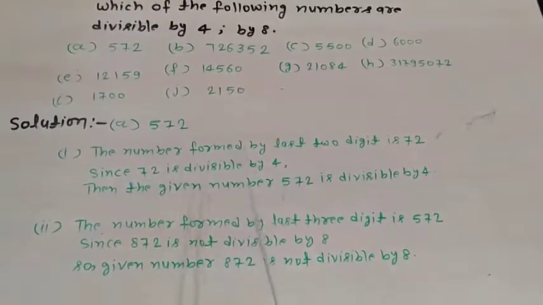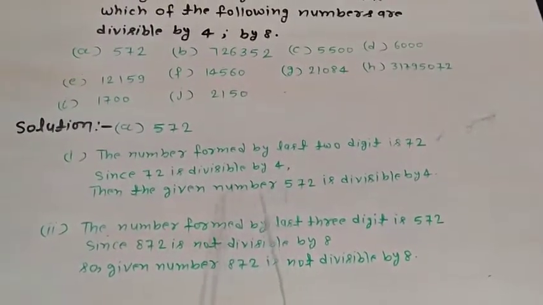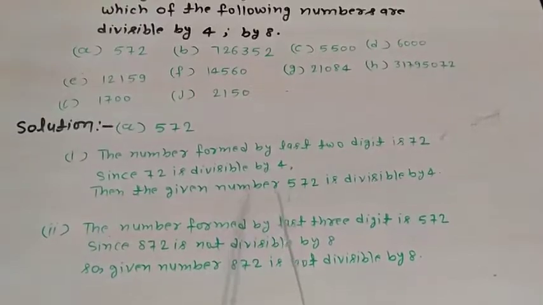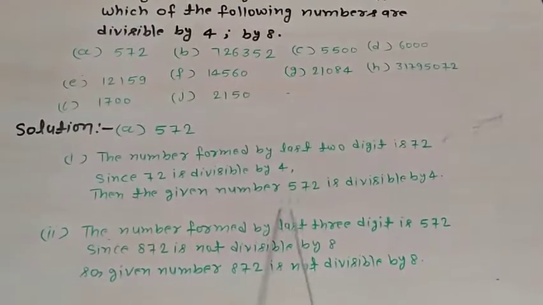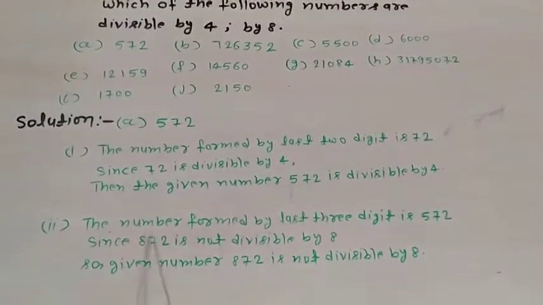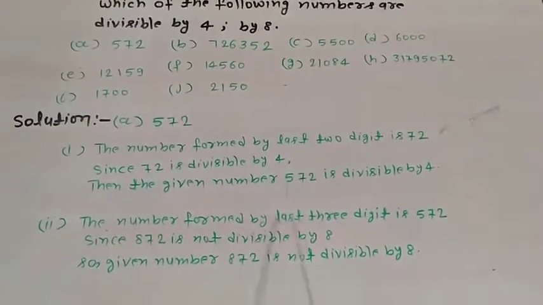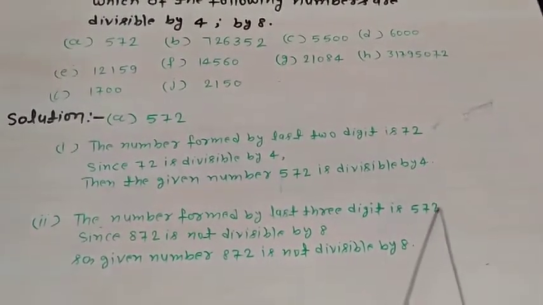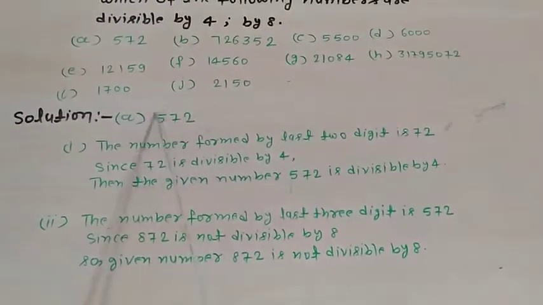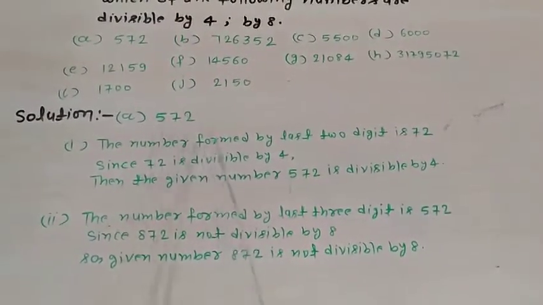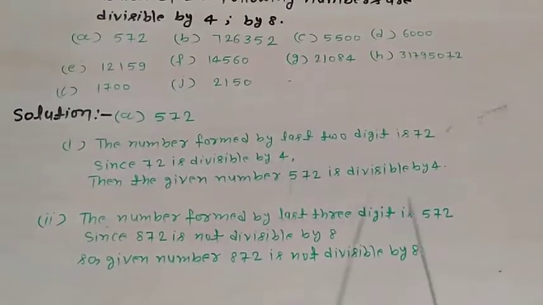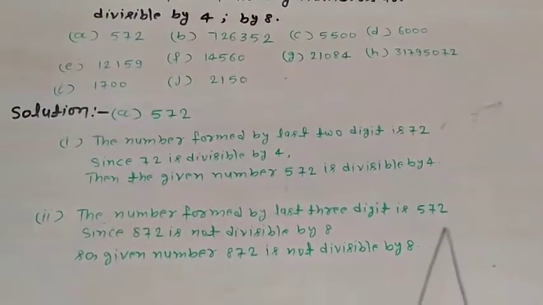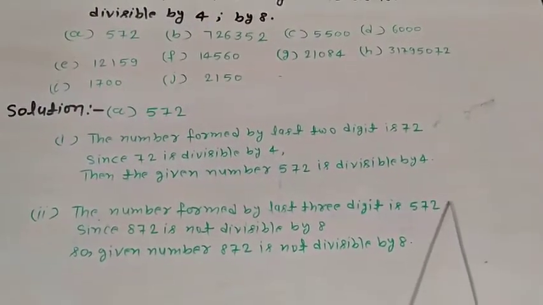Now divisibility by 8. For the divisibility test of 8, we check the last three digits. The number formed by the last three digits is 872. This number has only three digits, so we divide it by 8. You can see this number is not divisible by 8.